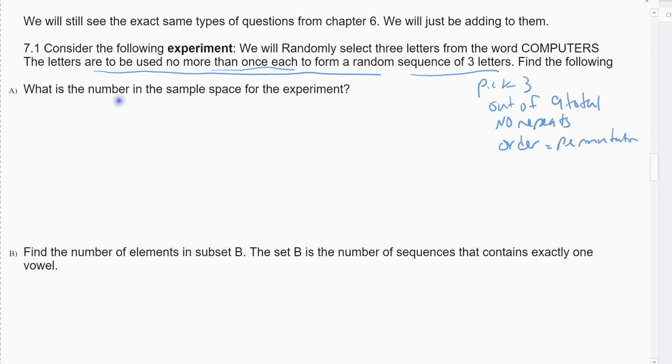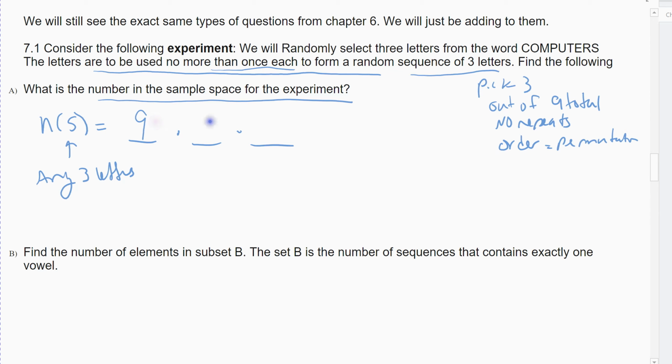Right, the first question is, find the number in the sample space. So how many total sequences of 3, if I have 9 letters to choose from and I can't repeat them, am I capable of having? So this is looking for the number in my universal set, right? I can pick any 3 of my letters. No repeats, and order matters, and so I can have 3 picks. I can pick any of the letters in the word computers.